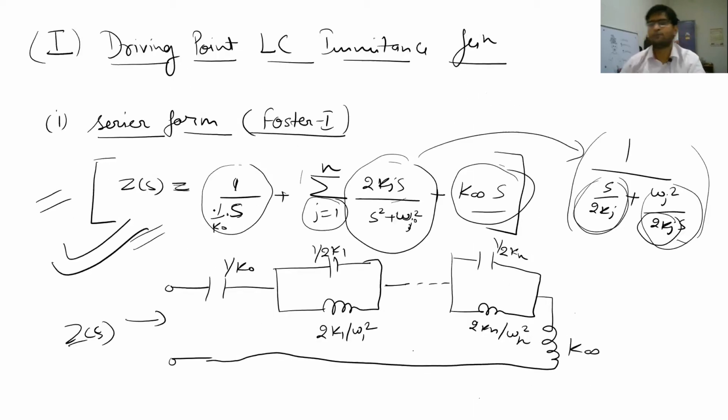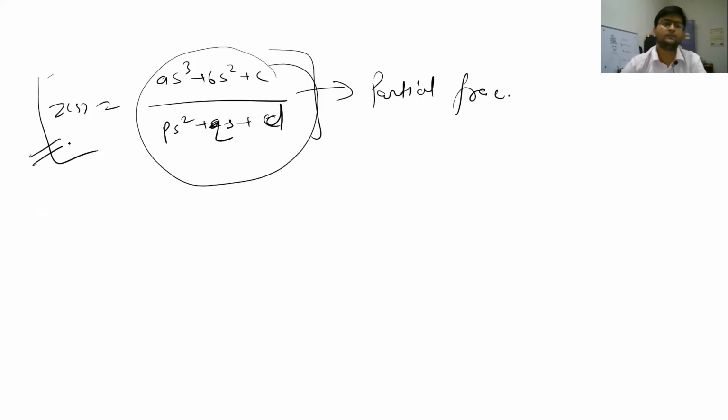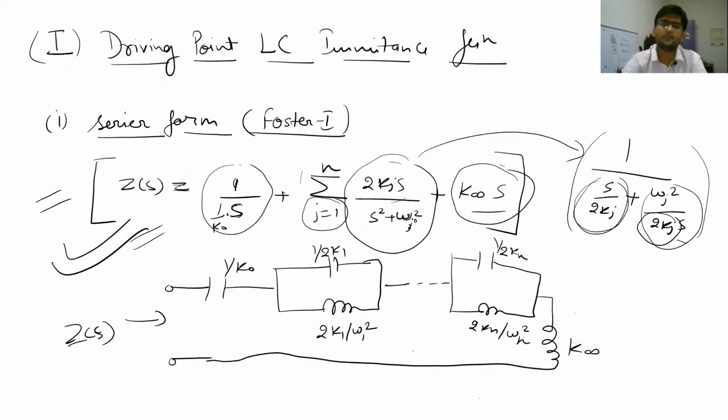There are certain conditions for this particular function. Only if this function satisfies those conditions are you going to get this form. We will see this in an example, and after converting your function into this form, we can draw the circuit in the Foster one form like this.